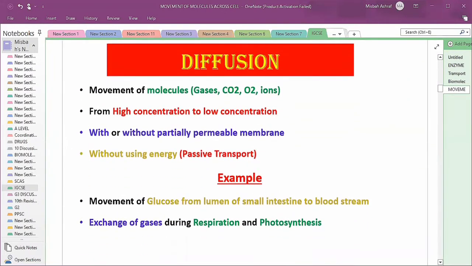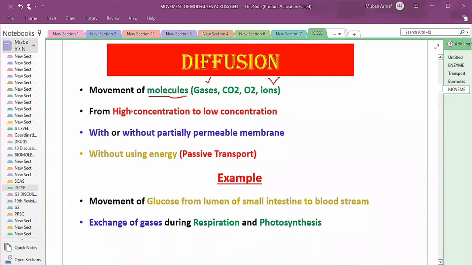The first process which we are going to study is diffusion, right? Diffusion is actually the movement of molecules. Here we will also discuss how these questions are marked in Cambridge. Molecules can be gas molecules like carbon dioxide and oxygen, and they can be ions.